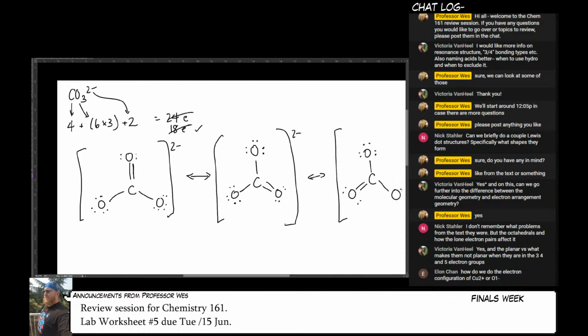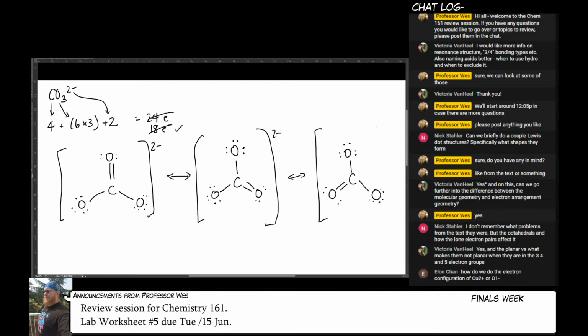And then I get this structure right here. I have no idea if that actually fits. Yeah, it did fit on the thing. I'm right up against the edge of the drawable space here. There we go. So here are my structures. And so these are resonance structures because all my atoms are connected in the same way, but I'm shifting around where the double bond is.